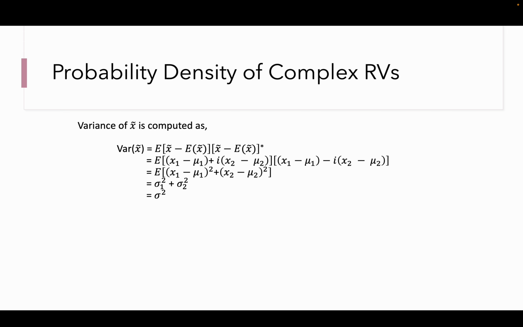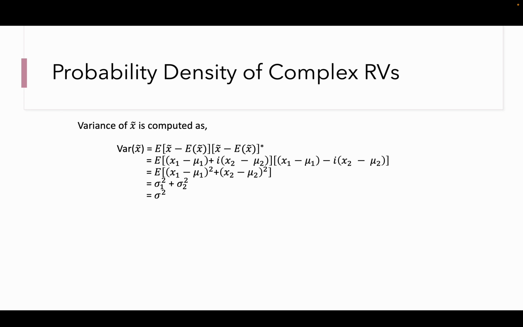Sigma square is basically the summation of the two individual variances. This evaluated expression comes from the theory of complex numbers: if you multiply two complex numbers, a plus ib and a minus ib, it comes down to a square plus b square.